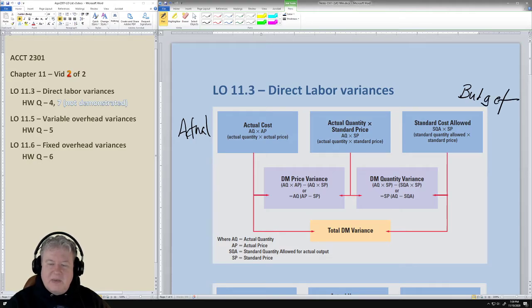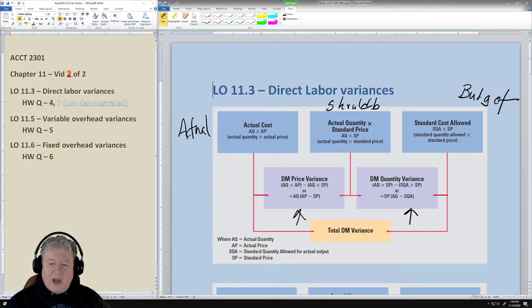In between, I call it the should be. In other words, what should be the cost if we use the standard price with the actual quantity? And then down here, we've got a direct materials price variance and a direct materials quantity variance.